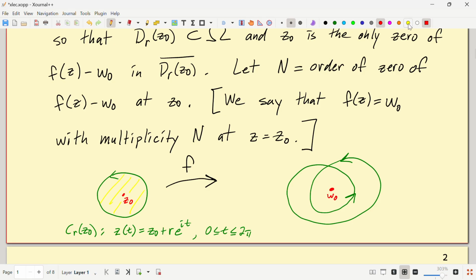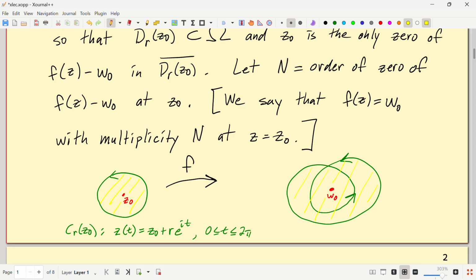I know from experience that analytic functions smear open sets around, so this is going to get smeared around, and it's got to look like this. I also know that everything inside this inner loop gets hit twice, everything between these loops gets hit once, and nothing gets hit outside this picture. After I explain this stuff, you'll feel that way too. But that's the fact I'm going to be showing you today.